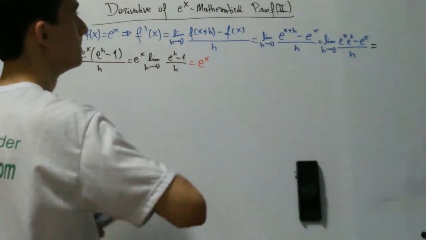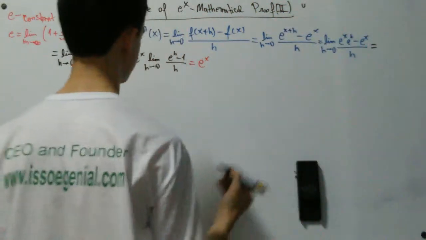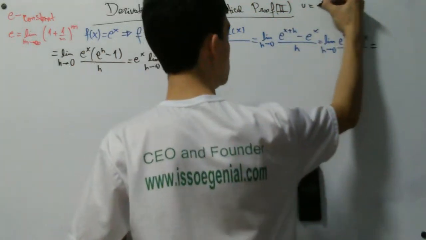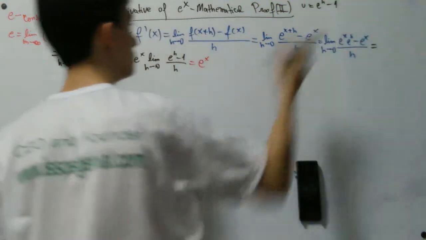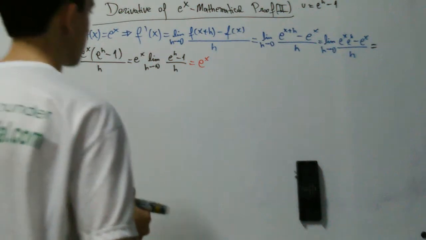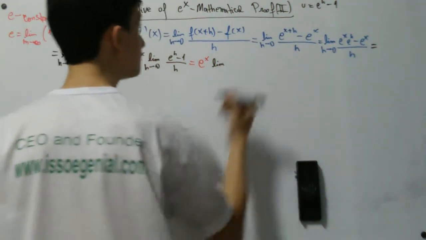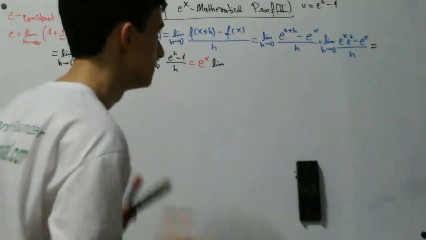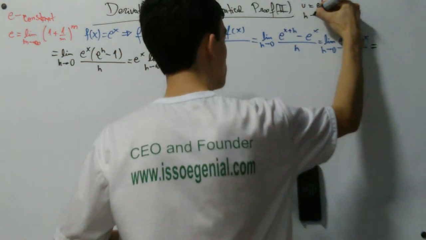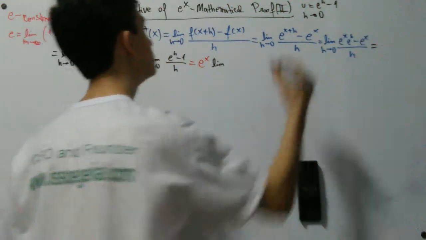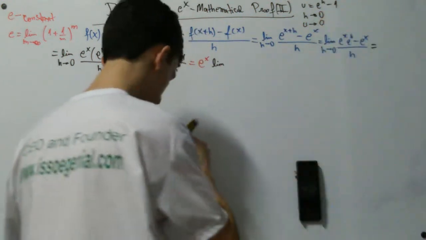But let's go on. We are now going to use another variable. So we're going to define that u is equal to e to the h, e raised to h minus 1. So this is the limit. And now u is approaching what? Let's see. When h approaches 0, we can see that u approaches 0 as well.